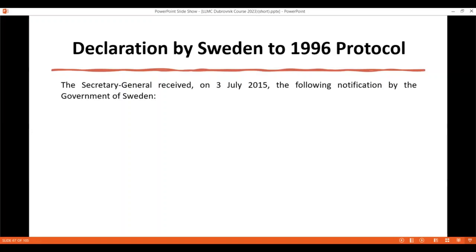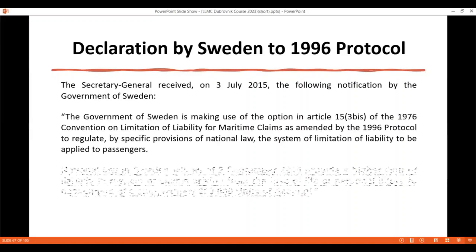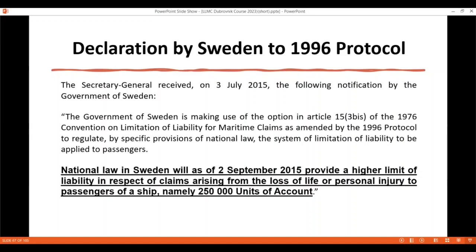So at least the limits of liability should be raised to 250,000 special drawing rights. And the declaration by Sweden took up the proposal, and it says that national law in Sweden will, as from 2nd September 2015, provide a higher limit of liability in respect of claims arising from the loss of life or personal injury to passengers to 250,000 units of account.